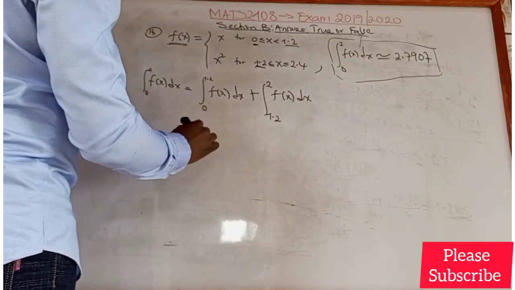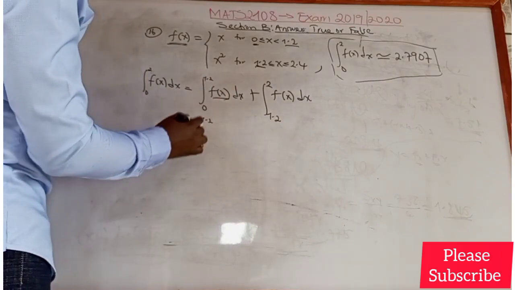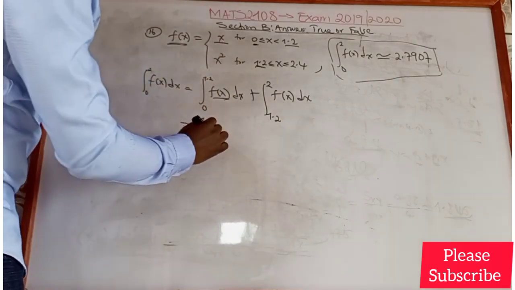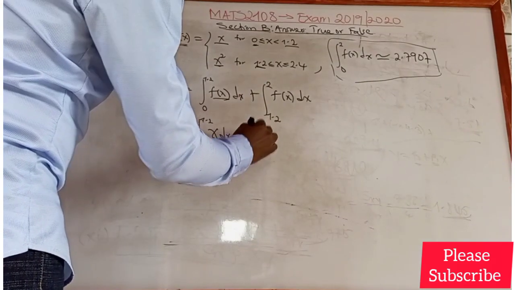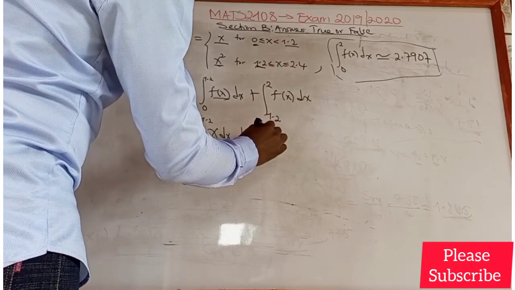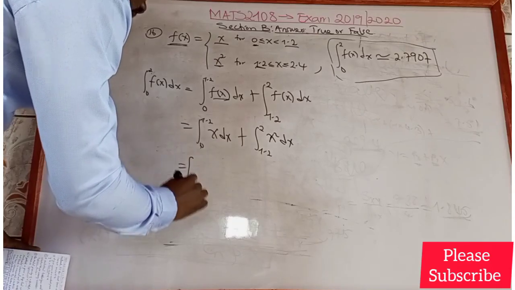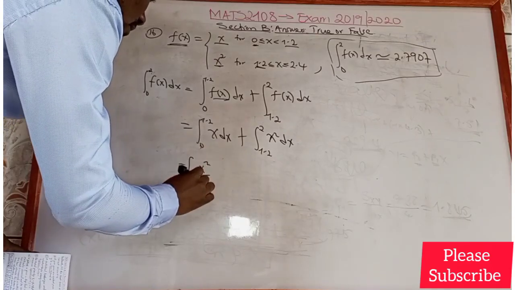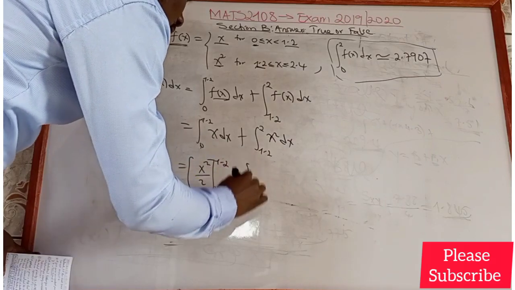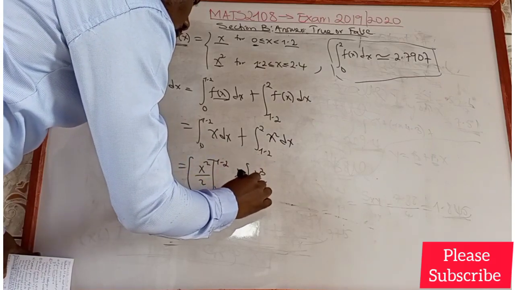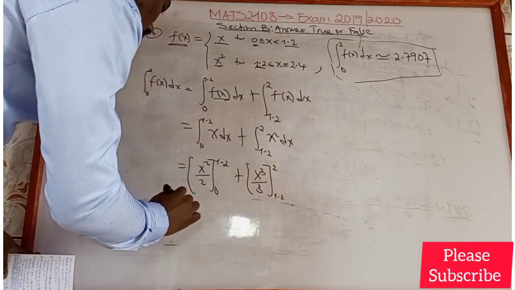This gives us the integral from 0 to 1.2 of f of x. In this interval from 0 to 1.2, the function f of x is simply x. And in this other interval, it is x squared. So we have the integral from 1.2 to 2 of x squared dx. Integrating, this one gives us x squared over 2 from 0 to 1.2 plus this one gives us x cubed over 3 from 1.2 to 2.